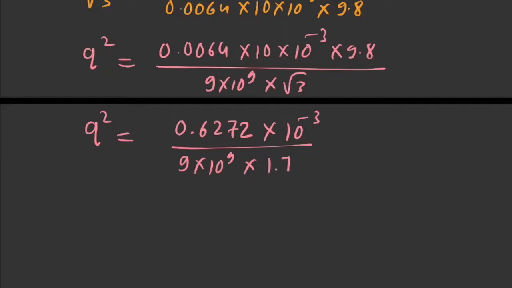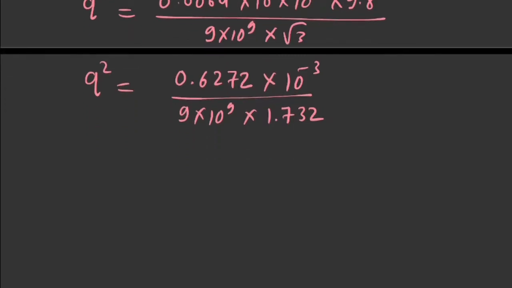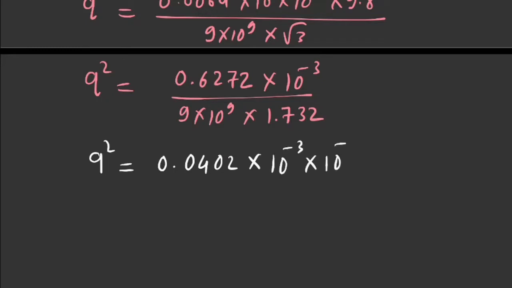Root 3 becomes 1.732. That's it. So after calculation, the value of q square we got is 0.0402 into 10 to the power minus 3 into 10 to the power minus 9.